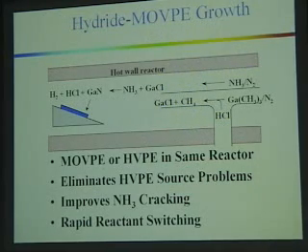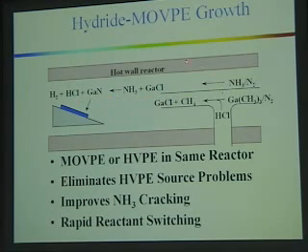We have a slightly modified version of this. What we do is we inject HCl, and instead of reacting with gallium liquid, we react it with trimethylgallium. And the reason we do that is because we can turn the HCl off and have traditional MOCVD, or we can very rapidly switch the trimethylgallium on and off, or indium, or aluminum, and this way we can get very rapid switching of our three sources, and therefore we can grow quantum well structures.